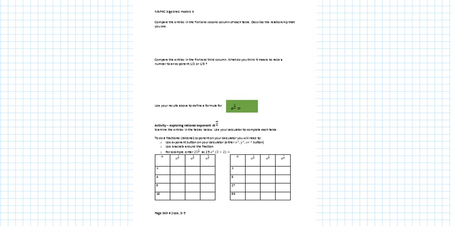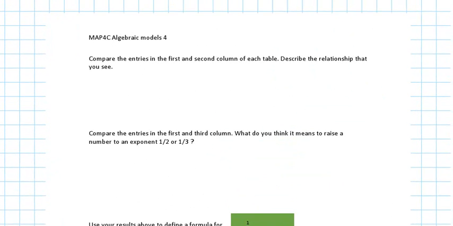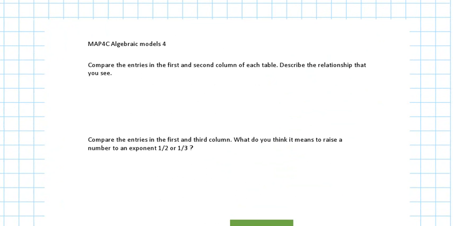We've already compared the entries. So let's just write this one. The answers for these ones. So we know that the negative exponent is the reciprocal of the positive exponent.